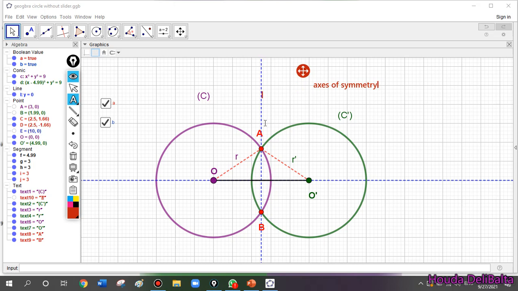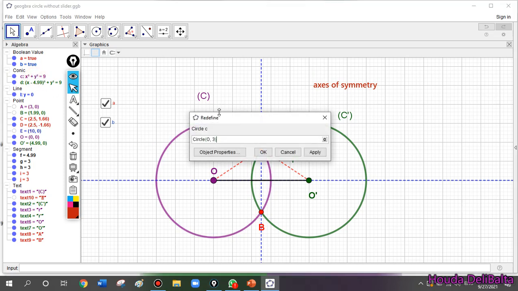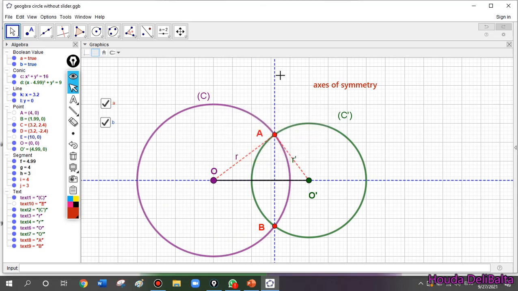So the line holding the centers is an axis of symmetry, and the line holding the intersection points is an axis of symmetry. While if the circles are not equal, I will return it to radius 4. If they don't have equal radii, notice that this blue line holding the intersection points is not considered as an axis of symmetry.